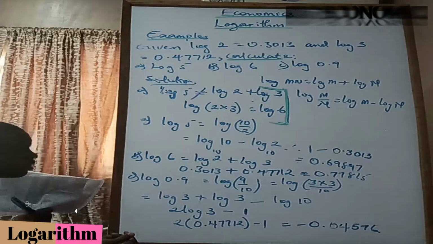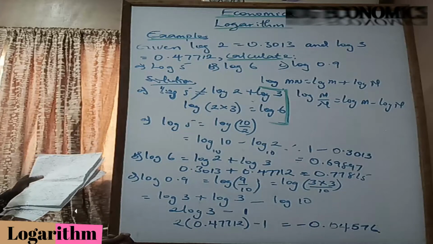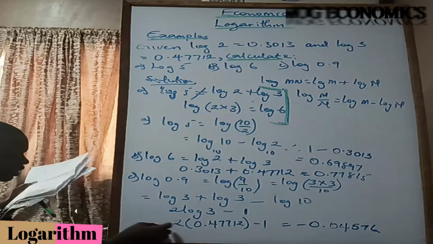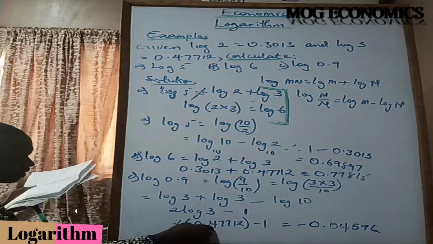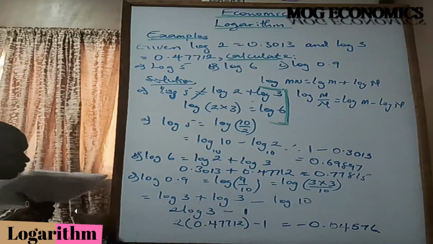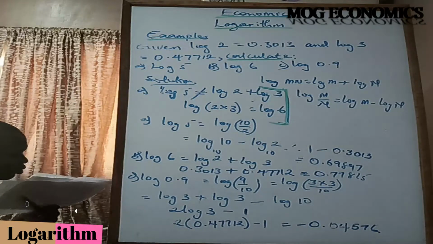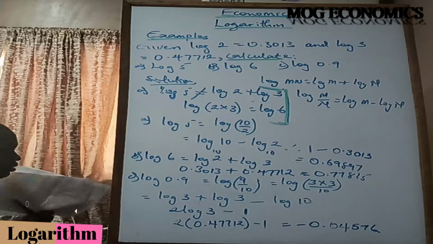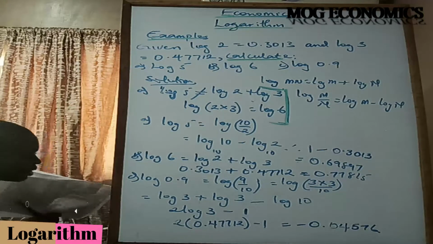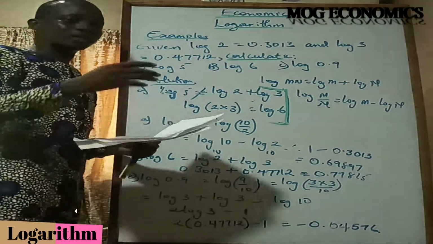Because I'm looking at log 3, I'm thinking 2 times 0.47, this should be like 0.8. Okay, 0.04. Well, it's likely then that is the answer. Since we have 0.04, not 0.4. Okay, yeah, it's good.